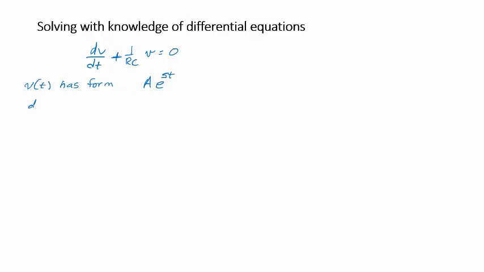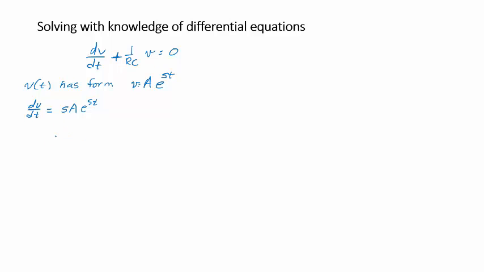So dv dt equals, now we just take the derivative of this, is s a e to the st, correct? And we know v is this. This is our assumed solution right now. So I'm showing you some differential equation techniques. You put our assumed solution back into this original equation.